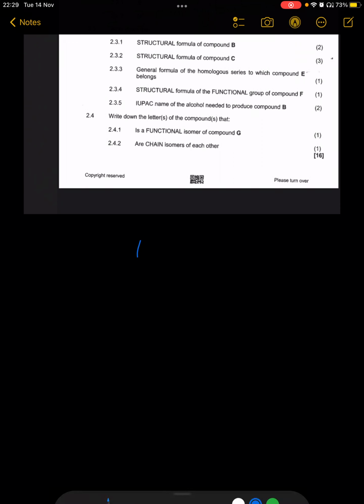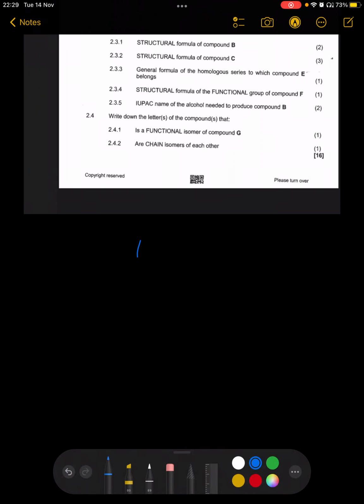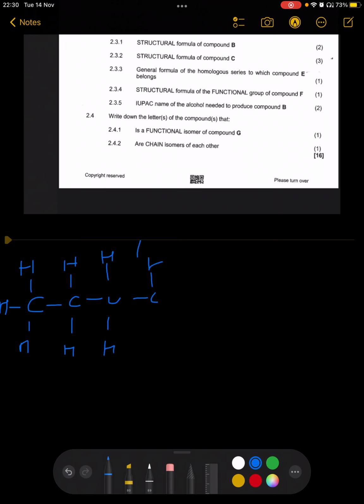So it's a CH3, and 3 CH2s, and then it's a C double bond.